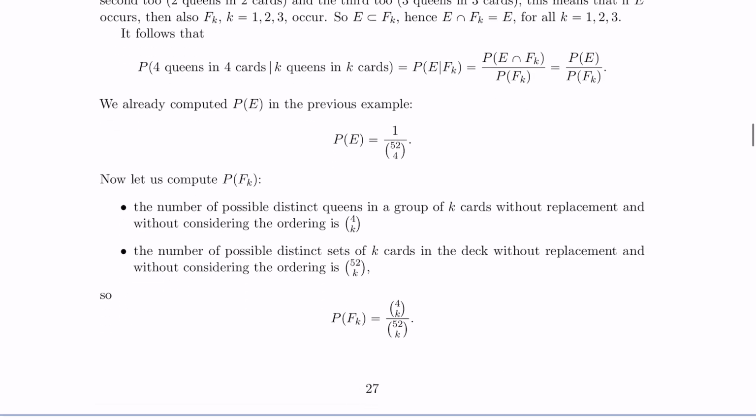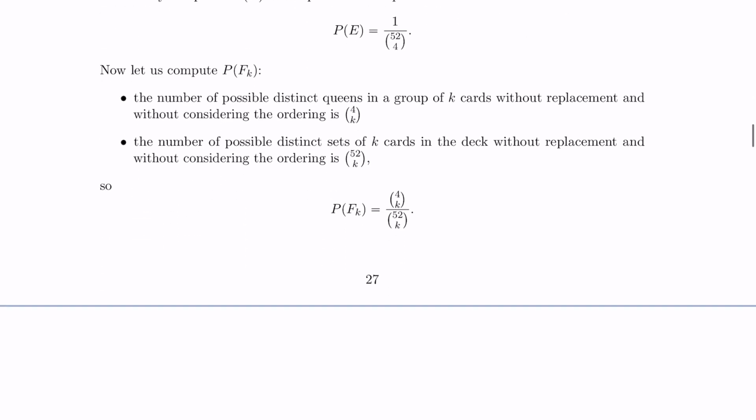We have that the number of distinct queens in a group of k cards without replacement and without considering the ordering is exactly this binomial coefficient here. Moreover, the number of possible different sets of k cards in the deck without replacement and without considering the ordering is this binomial coefficient here.